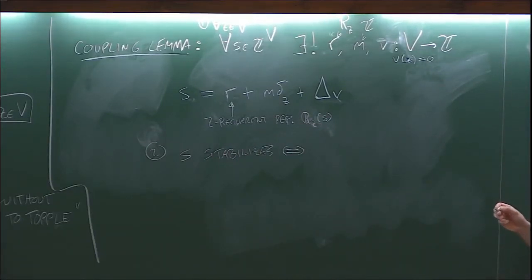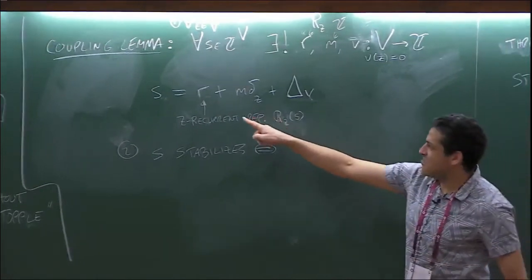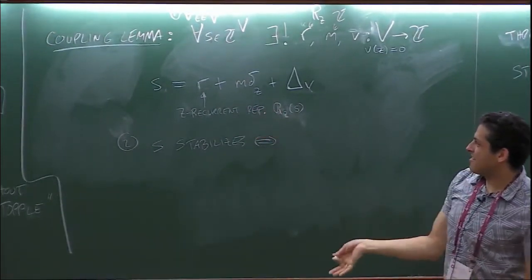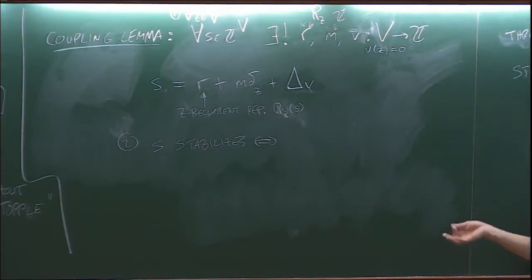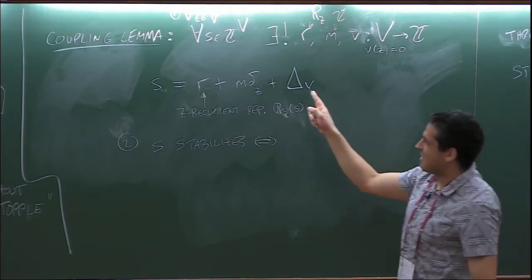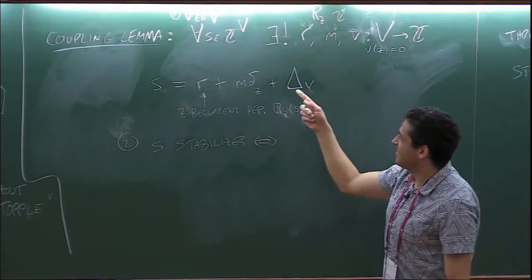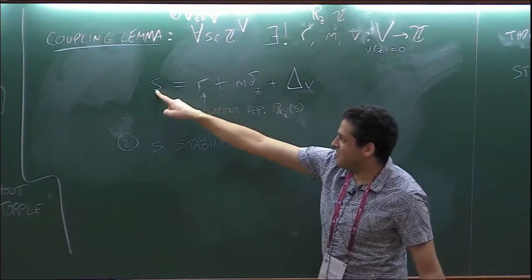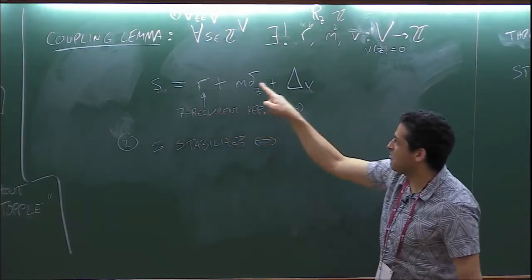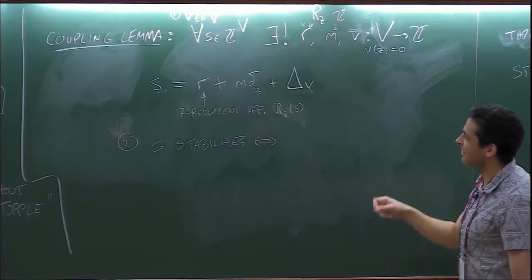The recurrent sandpiles don't pay attention to the sink because they live on the wired chain, and the sink is the floor, and they don't see the chips on the floor. But if I want to make sense of this equality, S is defined everywhere, including at the sink. So I need to make this part defined at the sink.